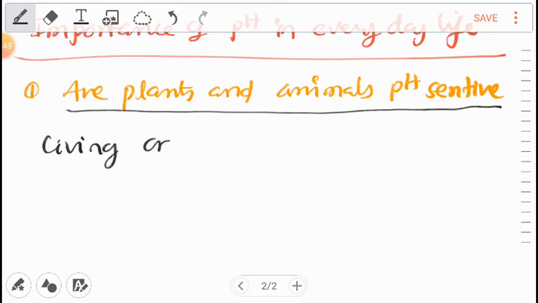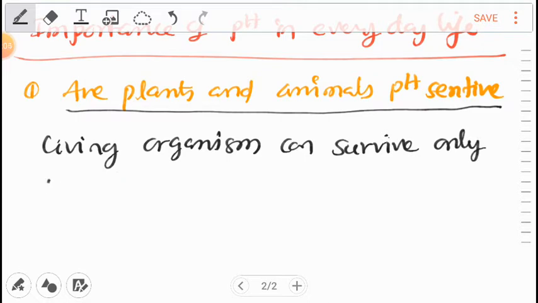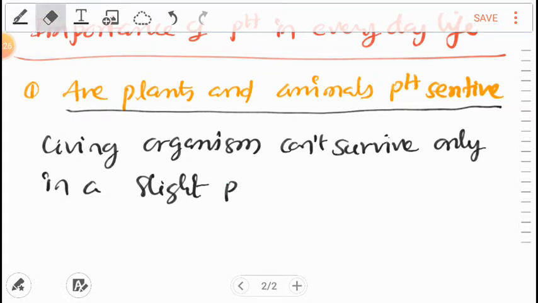So living organisms can survive only in a slight change in pH.